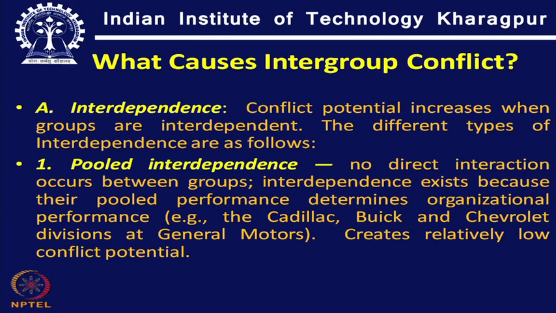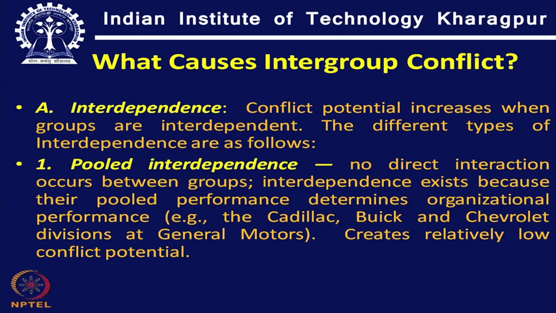In pooled interdependence, though there is no direct interaction between the members from two different groups, interdependence exists because their pooled performance determines organizational performance. So, it creates relatively low conflict potential.